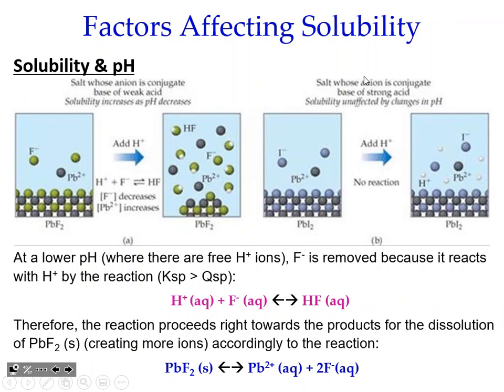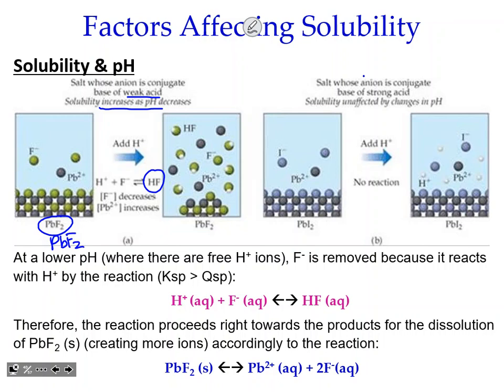We are comparing a weak acid to a strong acid, basically. This is a weak acid, HF, hydrofluoric acid. So that means fluoride, which would be part of the PbF2, is a basic anion. It is a conjugate base of a weak acid. So this is why it works this way.